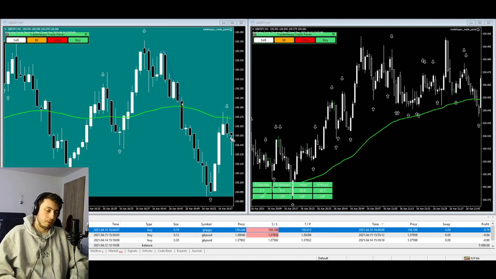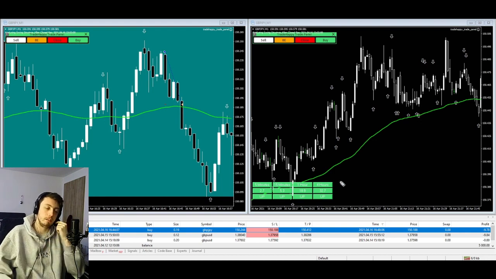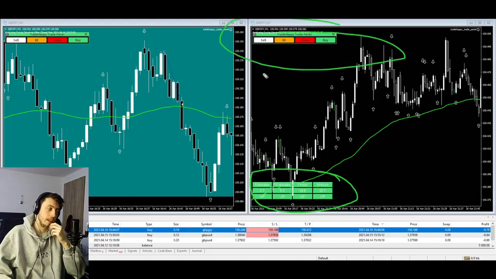So the difference between version 2 and version 3 are 2 main differences, okay? The difference one is this, the trend indicator, and also this. In version 2, you don't have this at all, and in version 2, you have to do the calculations yourself, you have to work out the stop loss yourself, the TP yourself, and the risk yourself.